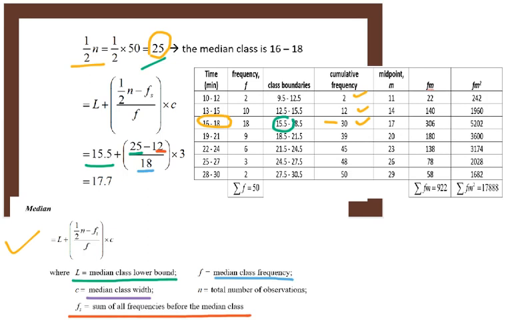Or if you use class boundary, upper boundary minus lower boundary, which is 18.5 minus 15.5, so you will have your C, which is 3. So you substitute your C, 3. You calculate this value, and you will come up with 17.7.